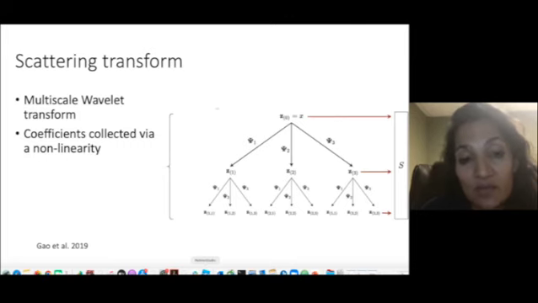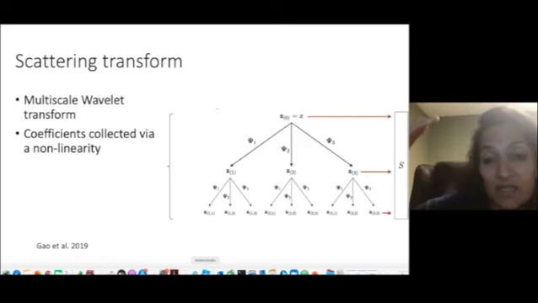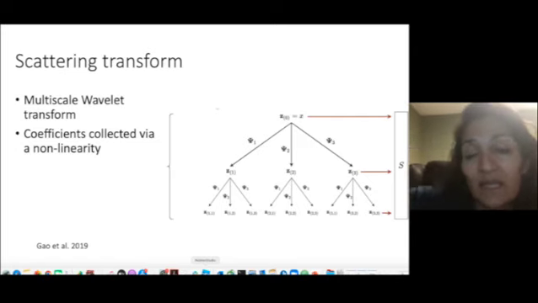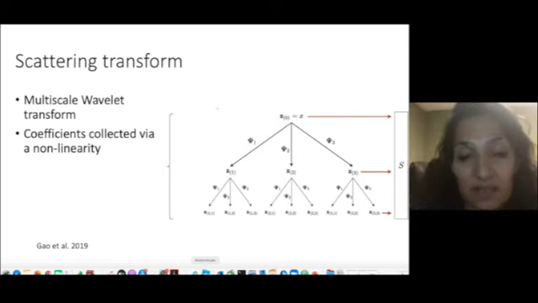Then what can you do? You can take these first level wavelet coefficients, or scattering coefficients, and then perform a second level of wavelet transform on those wavelet coefficients as signals themselves.